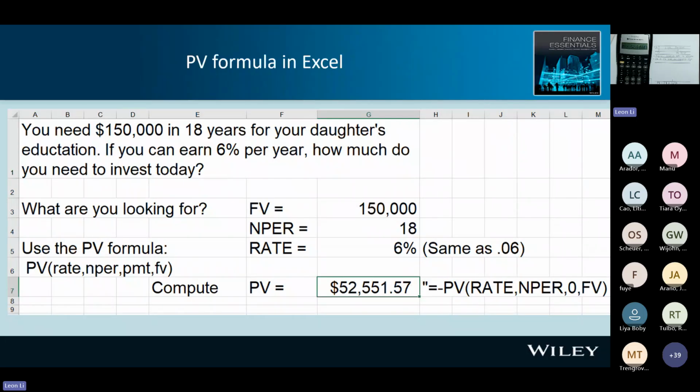When you use Excel, there's one reminder. When you use the PV formula, you have to follow the order. The first variable is rate, the second variable is NPER, the next is PMT, and the final is FV. PMT we will discuss in the next chapter. Here, you just enter 0. But when you use a financial calculator, you don't need to follow the order.